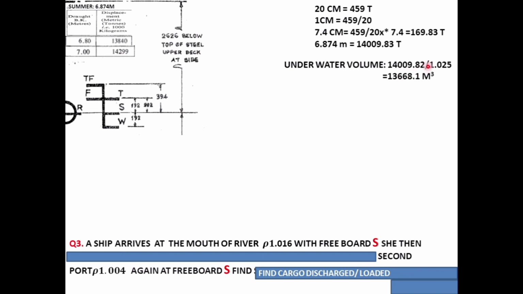As I said, mass divided by density is the volume. The mass of underwater volume in this, because this I have found out in salt water. So in this relative density would be underwater volume into the density.